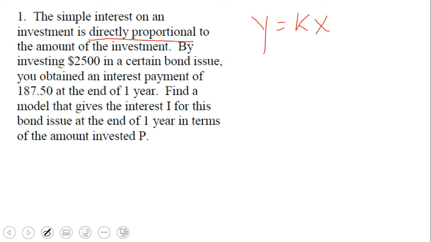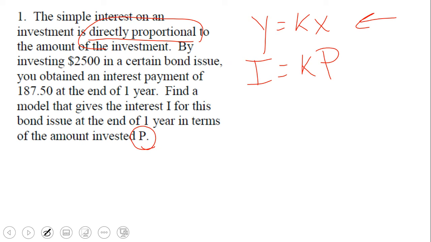So I'm going to say that the interest is directly proportional to the amount of the investment. Investments are usually called the principals, so we're going to call that P. So again, start by realizing that this is direct variation because of the buzzword. Use appropriate variables, I for interest and P for principal, that's the investment.